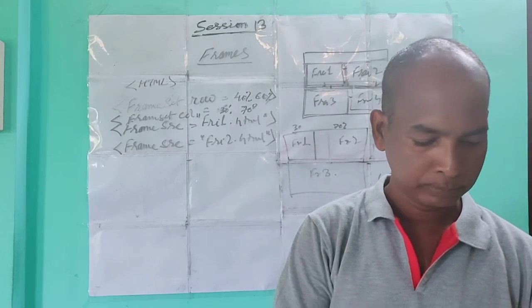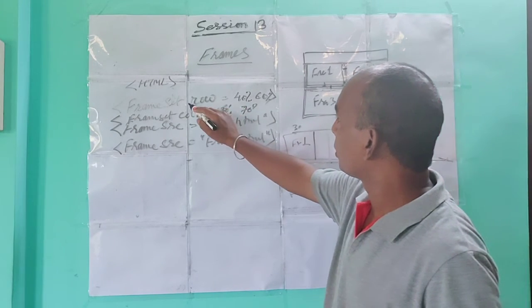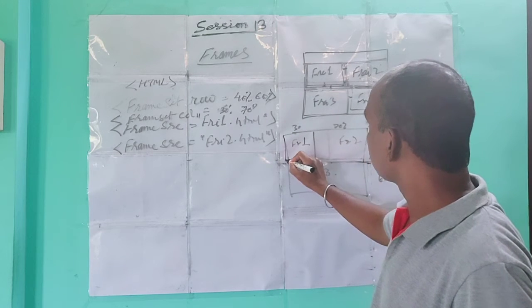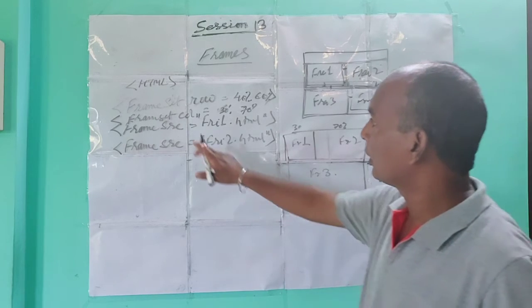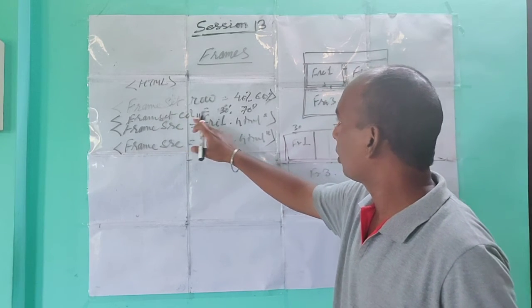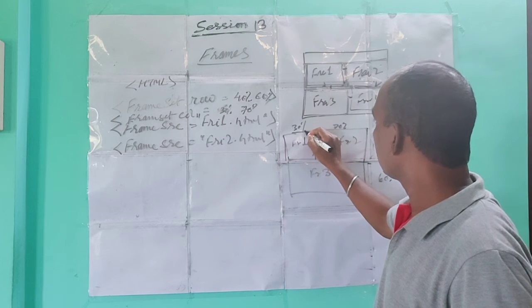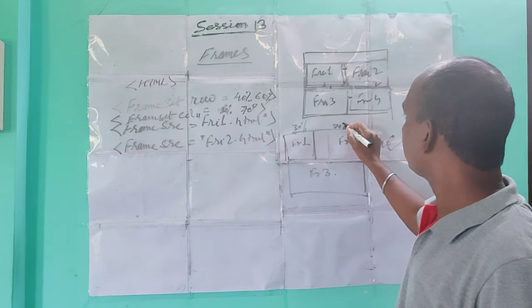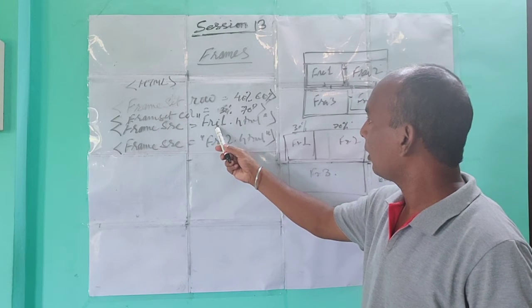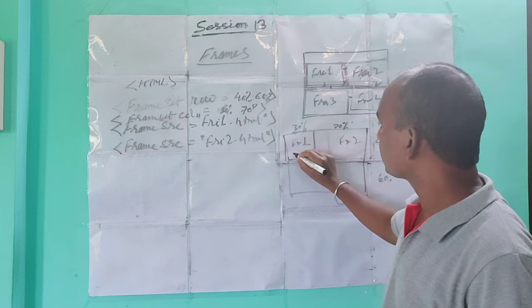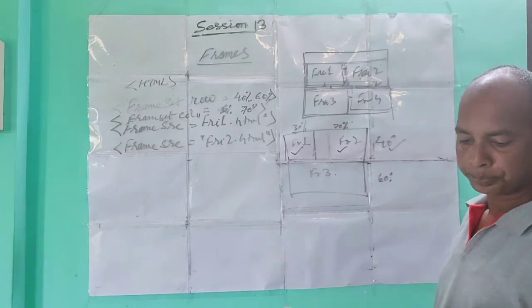So this frameset rows divided the screen into two parts. One is 40%, the other one is 60%. After that, I am using frameset cols. This frameset cols divided into two columns, first 30% and the second one 70%. The first src will appear in the first part, the second src for the second part.